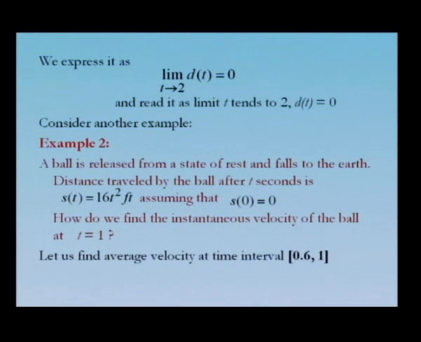Consider another example. A ball is released from a state of rest and falls to the earth. Distance travelled by the ball after t seconds is f(t) equals 16 t square ft. Here ft means foot. Assuming that s0 equals 0, how do we find the instantaneous velocity of the ball at time t equals 1? To find the instantaneous velocity, let us first find the average velocity in the time interval 0.6 to 1.